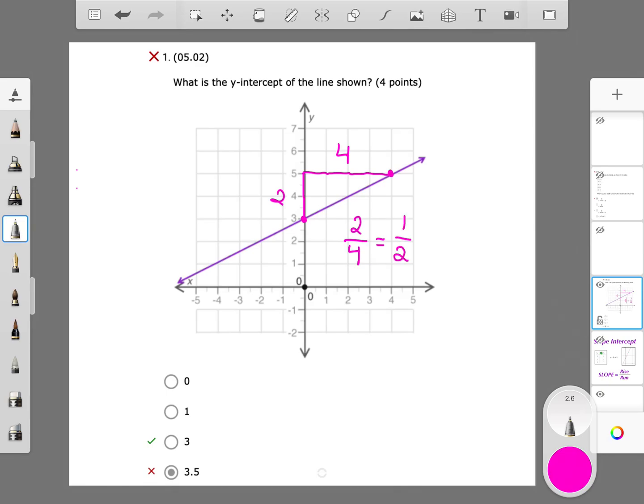And I can put that in a form that relates y to x with a slope of 1/2 crossing the y-axis at 3. That goes way past what the question is actually asking. Again, they just want to know in this one, hey, where does the line cross the y-axis? And the correct answer is 3.